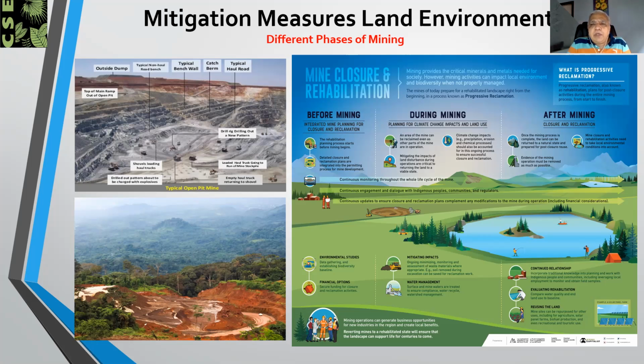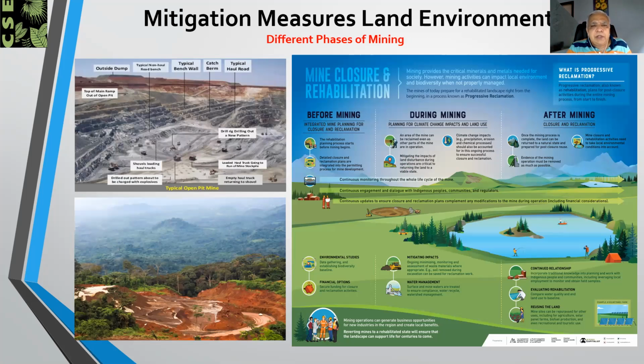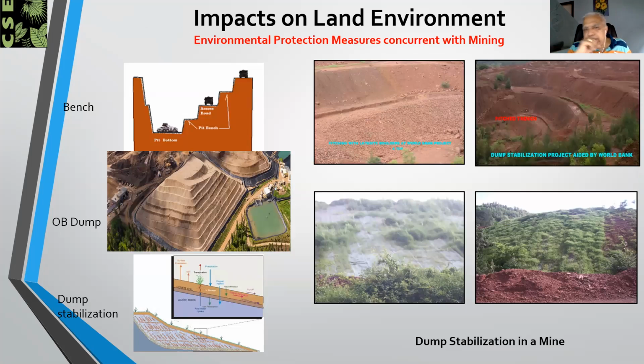So the keywords here are, during mining we should undertake various measures. This is particularly in terms of an open cast mine, as we see in case of iron ore mines in Goa, Karnataka, and in Orissa to a very large extent.